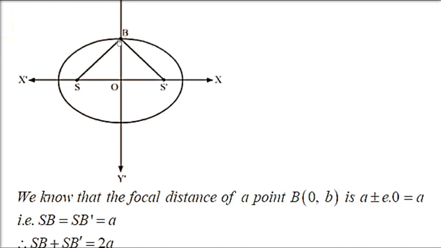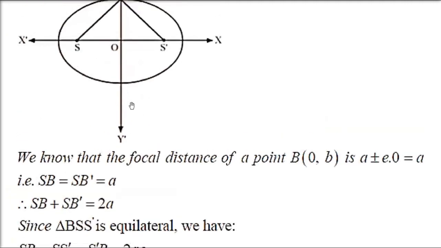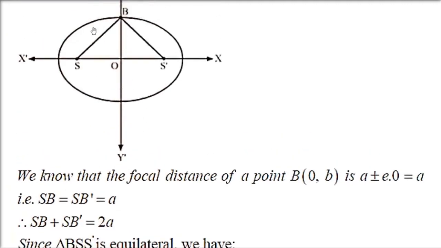So whenever we take a point on an ellipse and take the distance from the foci and add them, if you take here SB and S dash B, that will be equal to 2a. This I already explained to you in an earlier question, the fourth question, this concept.